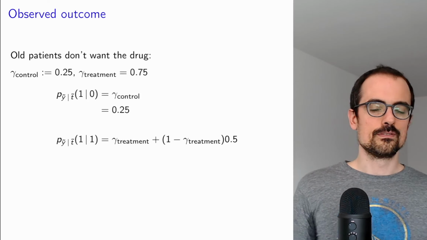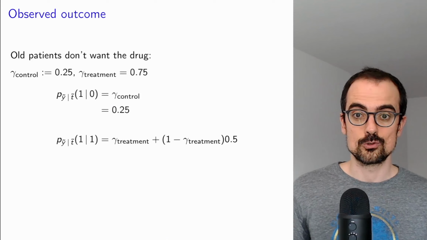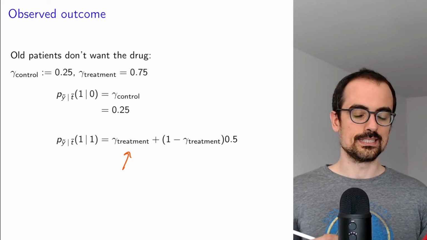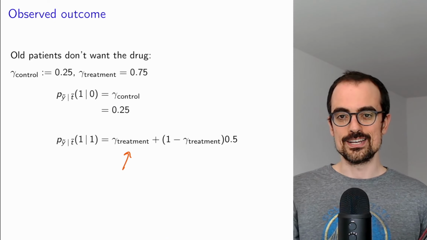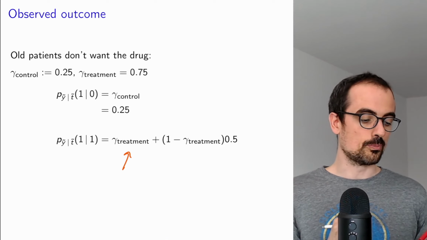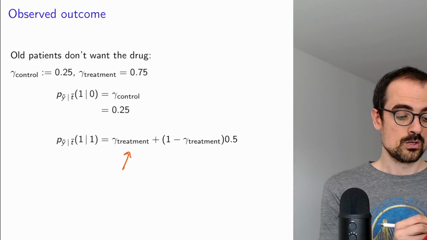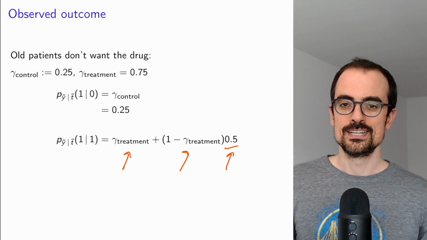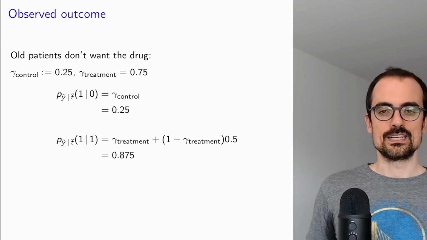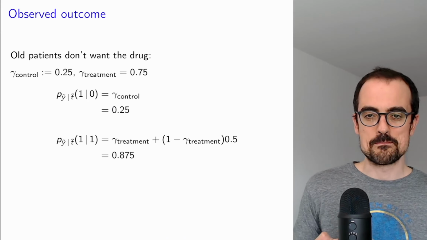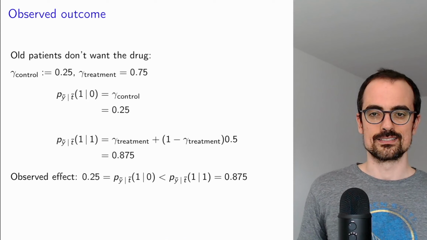And the probability of recovering if you're in the treatment group now is equal to this probability of being young, because all of them recover. So that is 0.75 plus the probability of being old times the rate at which the old people recover, and that gives you 0.875. So the drug seems much more effective than it actually is.